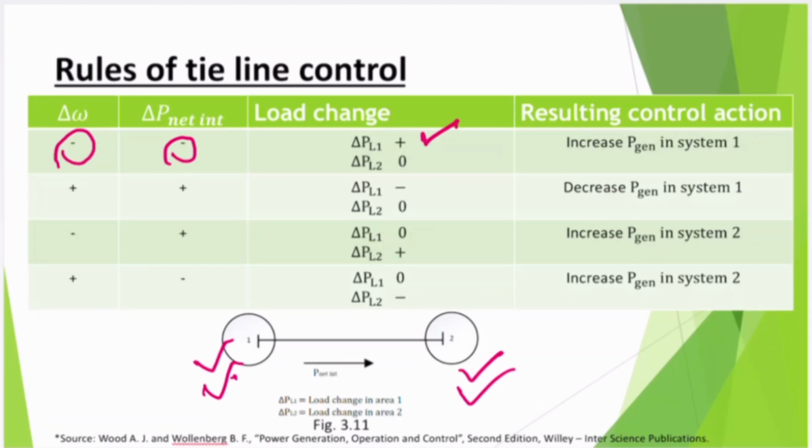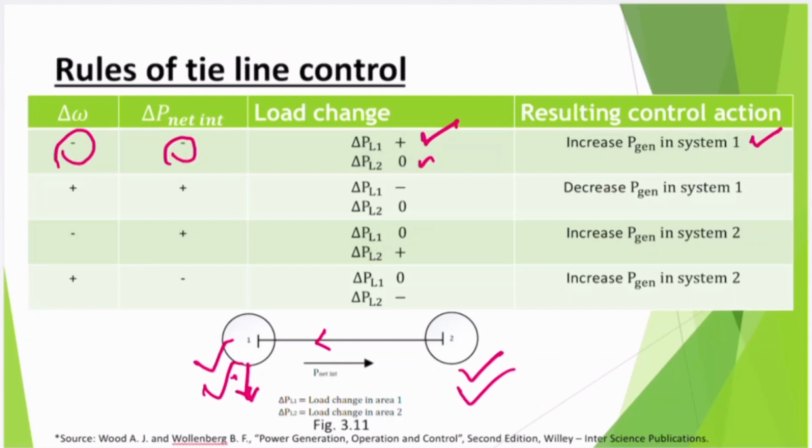All right. Because the load increased here, this flow will be negative, and there is no change here. To balance the system, you now have to increase the generation of the system. The similar rule is applicable for both increase and decrease, for area 1 as well as area 2.